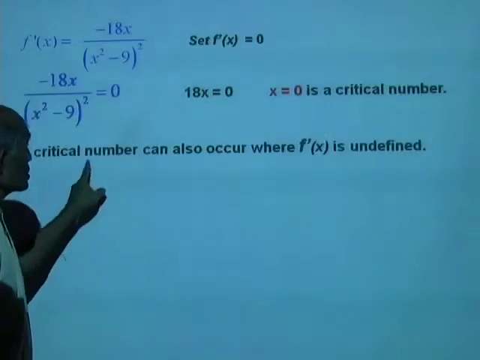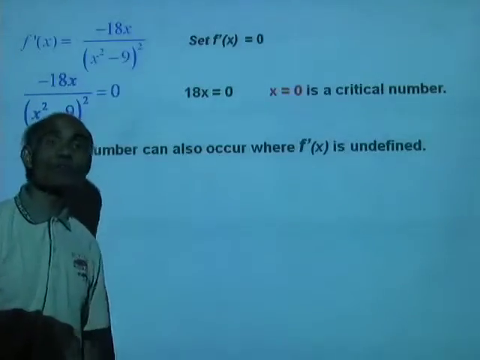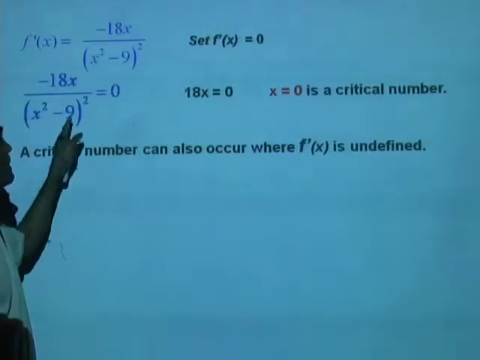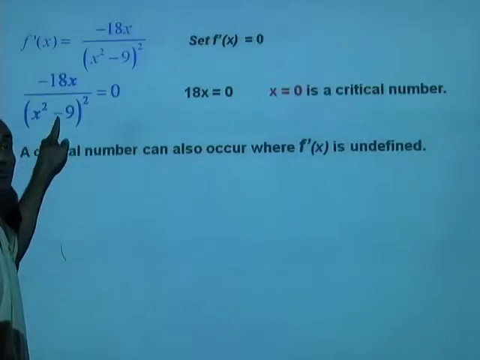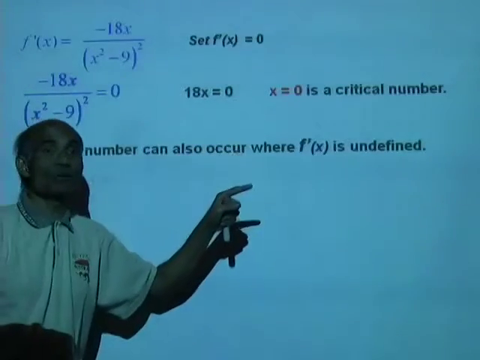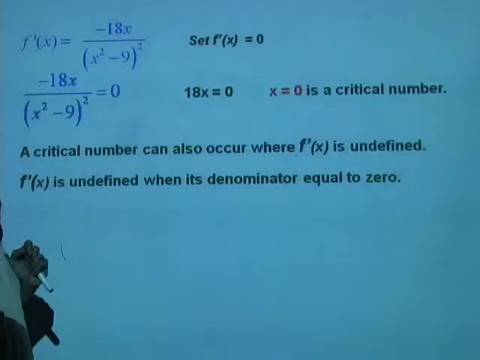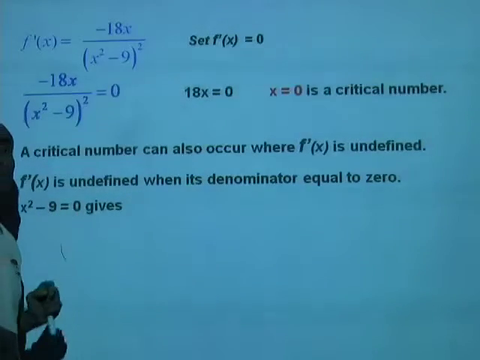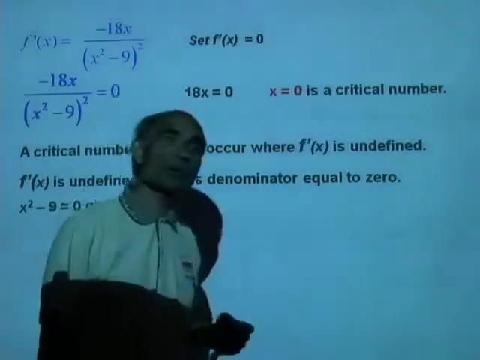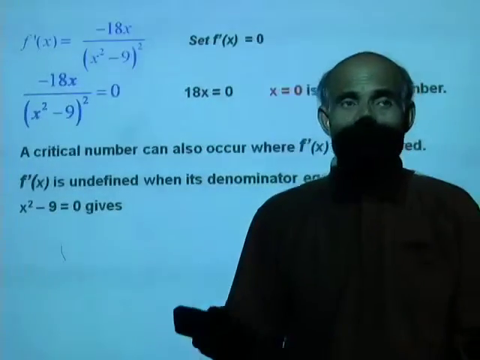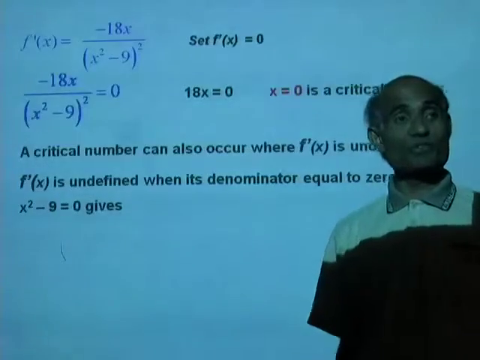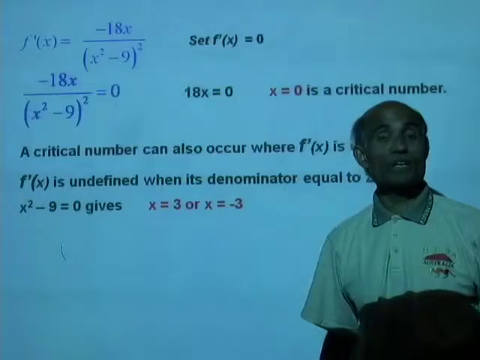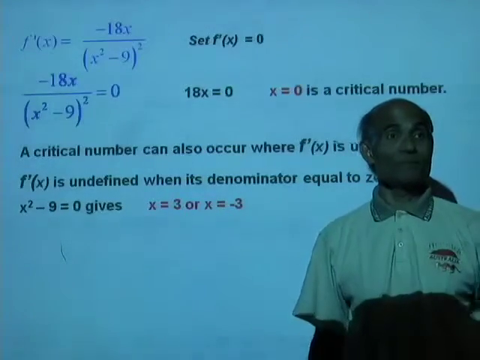Well, a critical number can also occur where f prime x is undefined, and f prime x becomes undefined where the denominator is 0. So let's set the denominator equal to 0. x squared minus 9 equals 0. What are the values of x that make x squared minus 9 equal to 0? That gives you x equals positive 3 or negative 3.